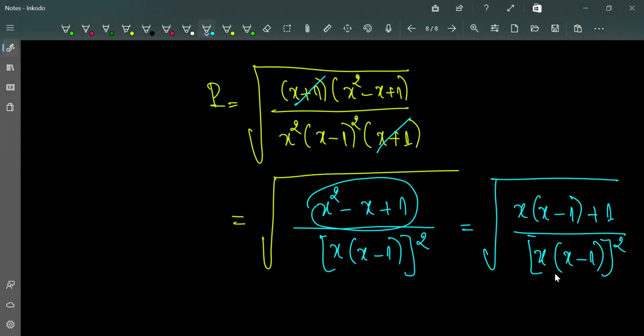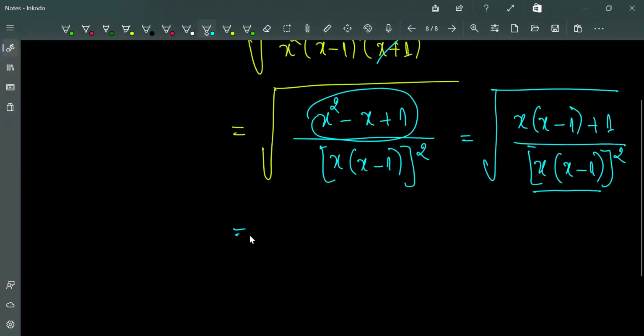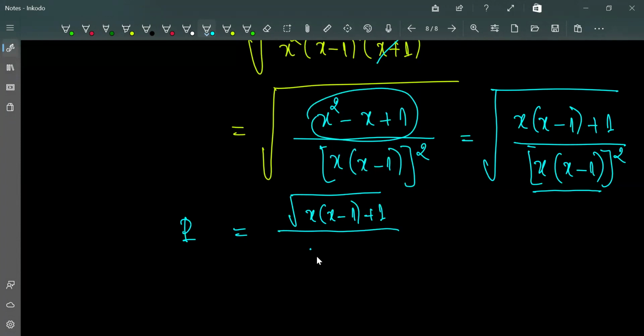Okay, so for this, we can simplify in the square root. So right now, we can write p equals square root of x times x minus 1 plus 1 over x times x minus 1.